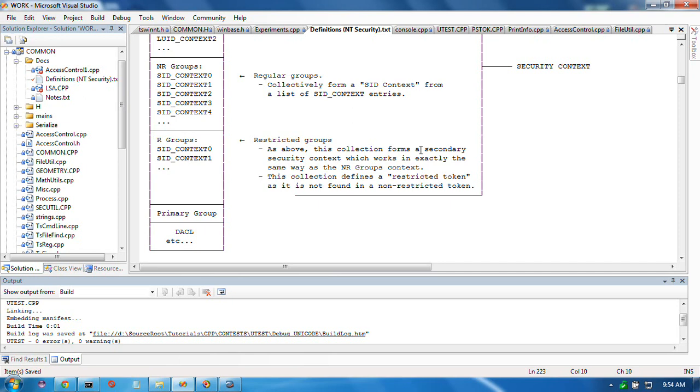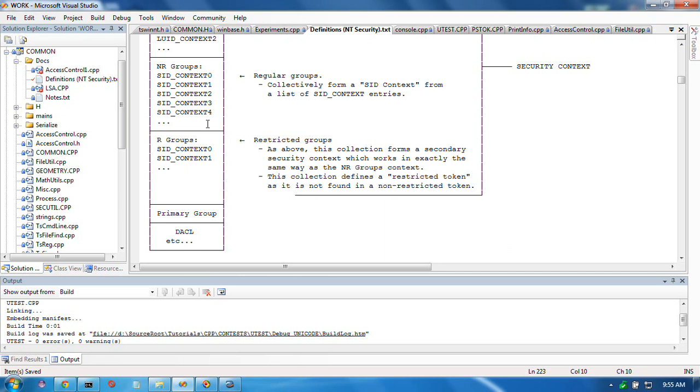And if both of these contexts grant the requested access, then the access is granted. If either one fails to grant the requested access, then it fails.